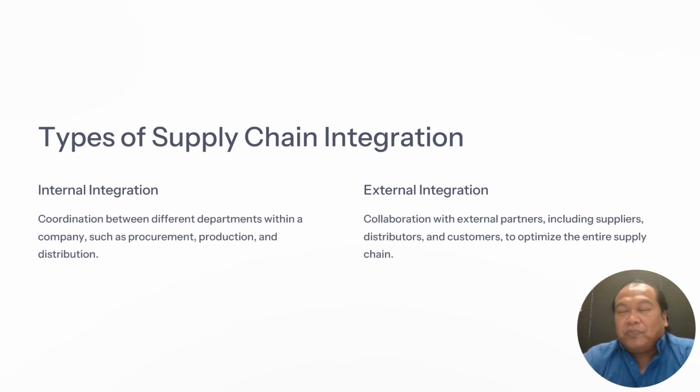If you are producing tables and chairs, even if you have 1,000 manpower that can make tables and chairs, if the procurement has not bought the raw materials, what will the people do? Nothing, because there are no raw products to work on.